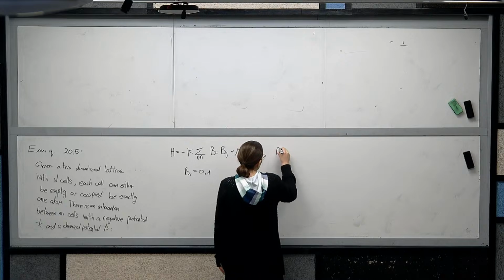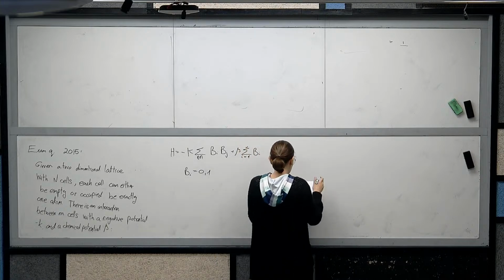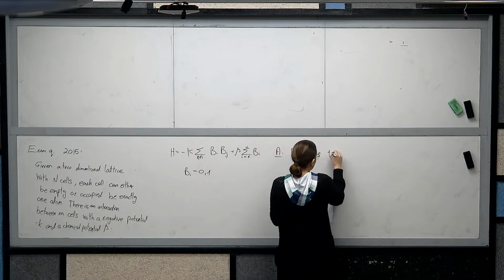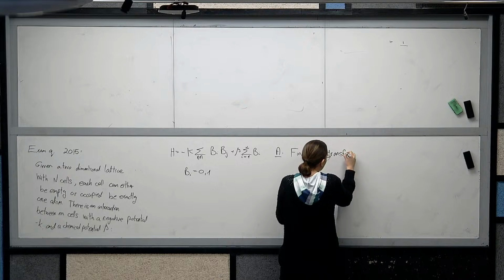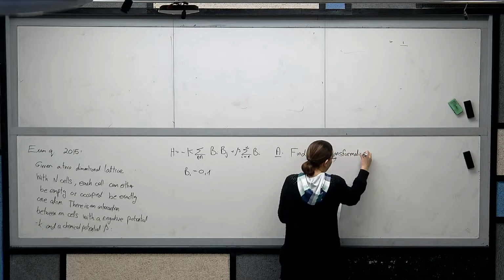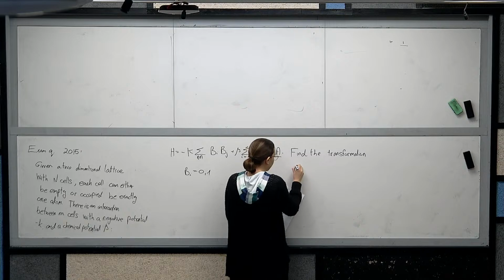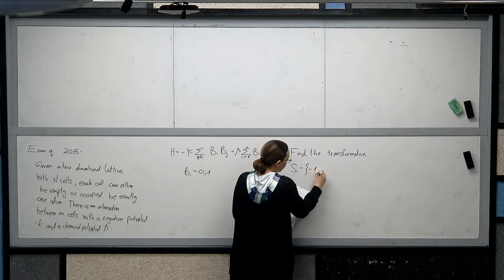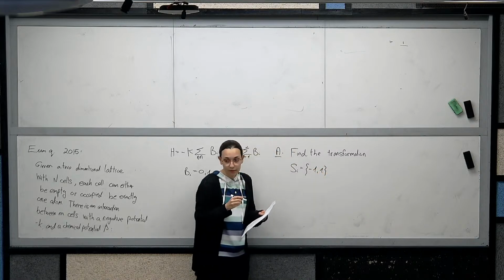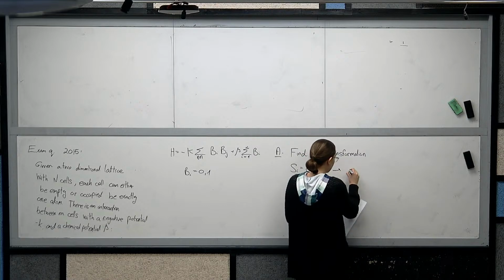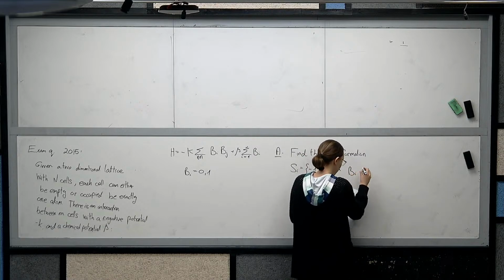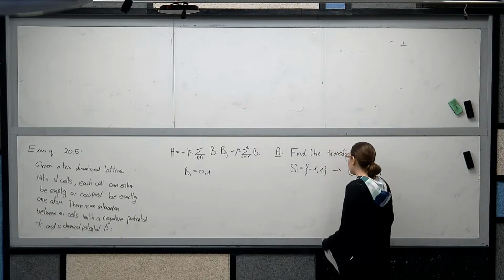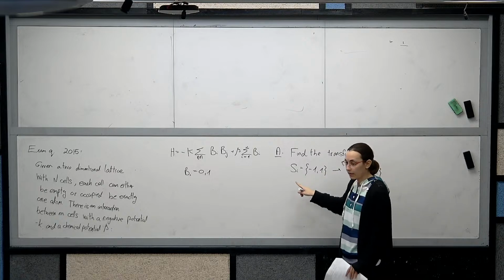So the first thing we want to do is find the transformation between Si equals -1, 1, the Ising model, and this model, Bi equals 0 and 1. How do we convert those B's to S's?